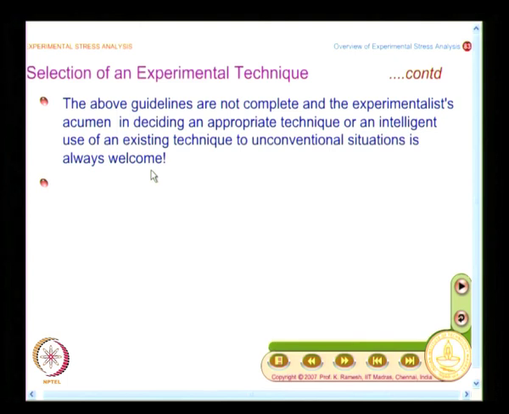You should never forget that, because seemingly complex problems you could attack intelligently with simpler combinations of existing methods. So, your engineering acumen is required.